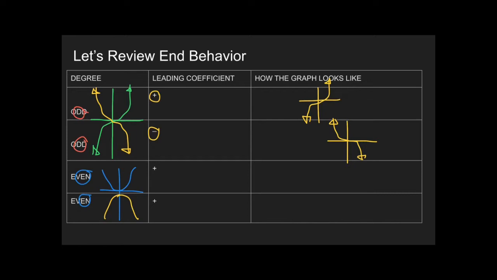Another hint that the graph is even is that the arrows will be in the same direction. The yellow graph is all pointing down, while our blue graph is all pointing up.